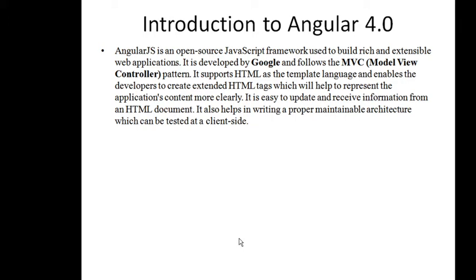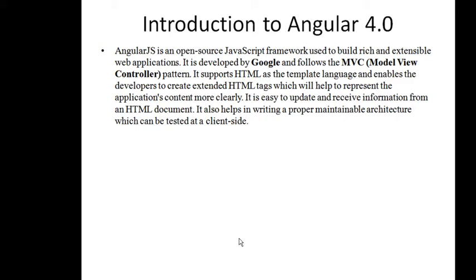It also supports HTML as a template language and enables the developer to create extended HTML tags, which help to represent the application content more clearly. It is easy to update and receive information from an HTML document. AngularJS is also useful for updating and receiving information from an HTML document.